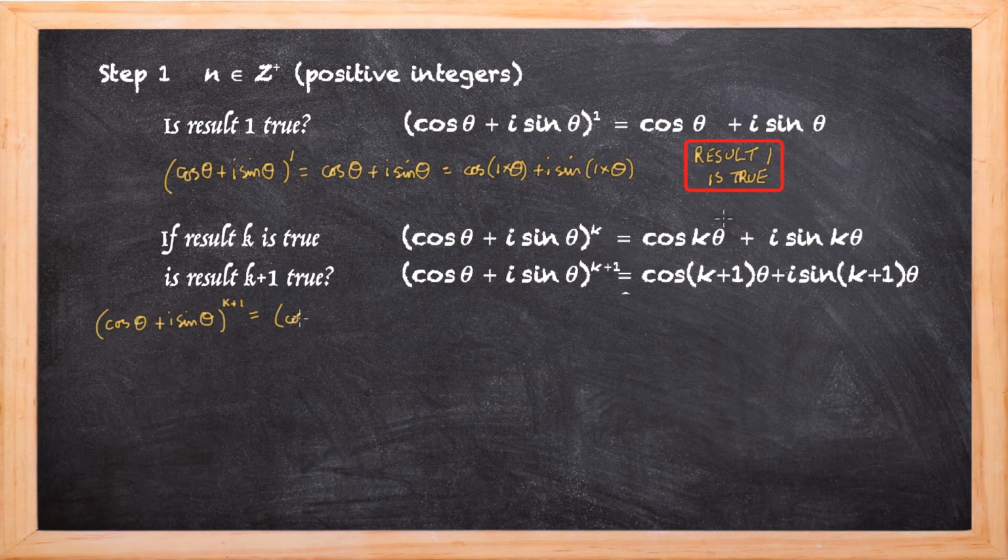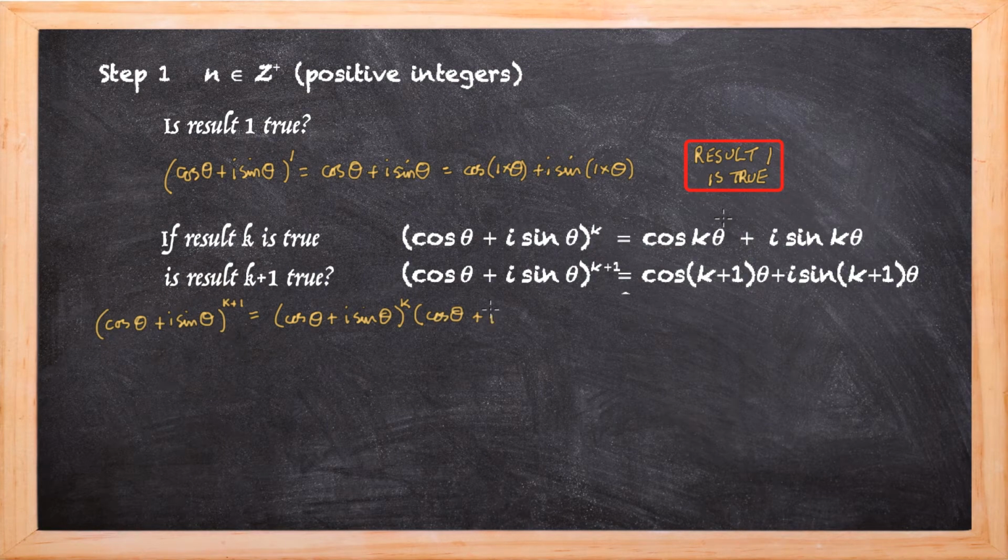Now, by our laws of indices, that's the same as cos theta plus i sin theta to the power k times another cos theta plus i sin theta. And we are pretending that we know that cos theta plus i sin theta to the k is cos k theta plus i sin k theta, what they call the inductive hypothesis.